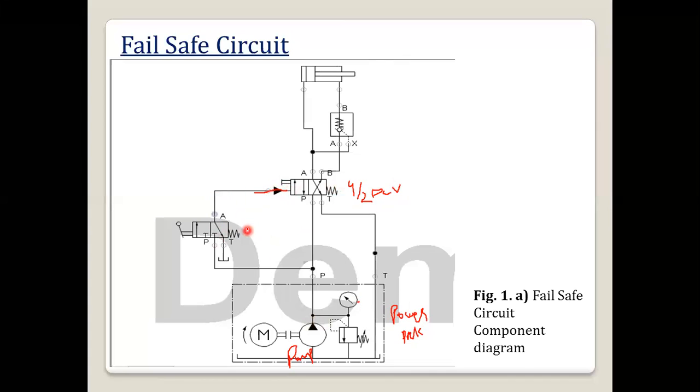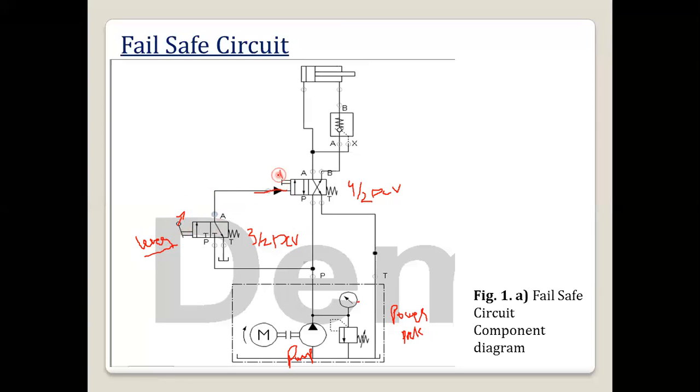It is pilot operated by a 3/2 DCV. This 3/2 DCV is manually operated. Here I am using a lever for operation. Instead of a lever, you can use a push button also. So it depends on you.